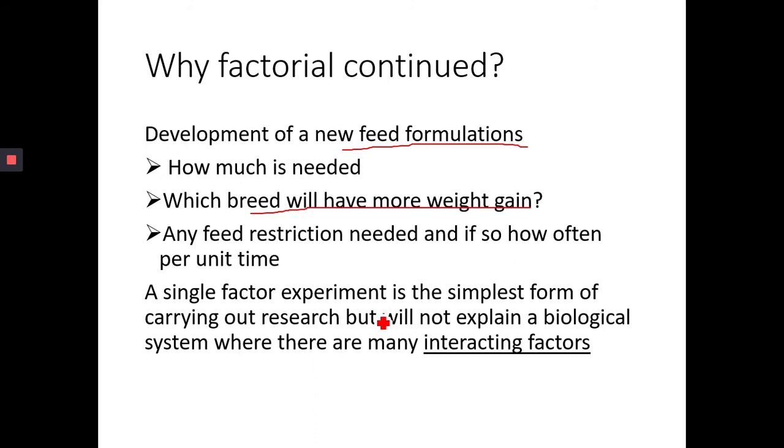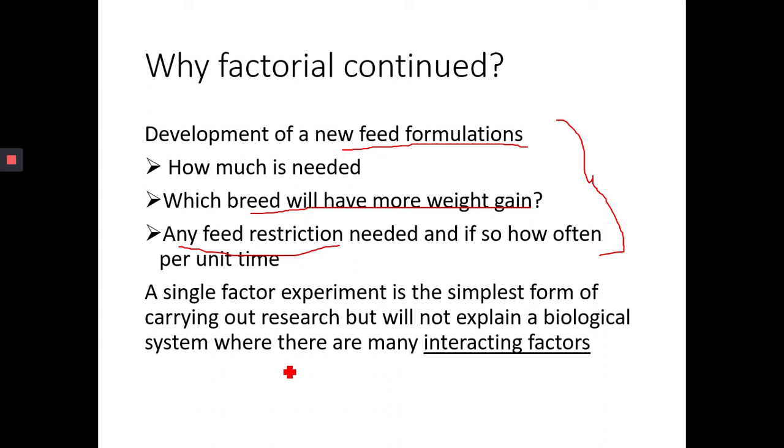Do we need to do any feed restriction and so forth? In that case, we may need to have a factorial arrangement where we just test all the factors at once. Investigate the issue of restrictions, investigate the issue of how much is needed, and so forth, and then we communicate the results in a single run.